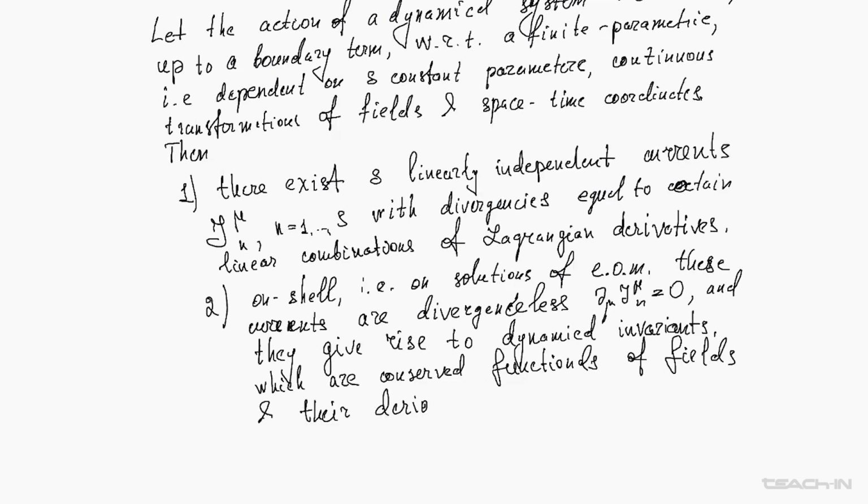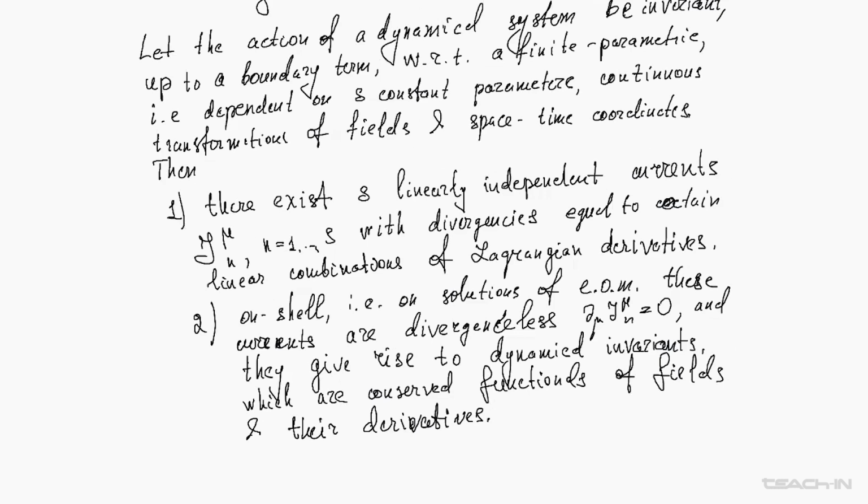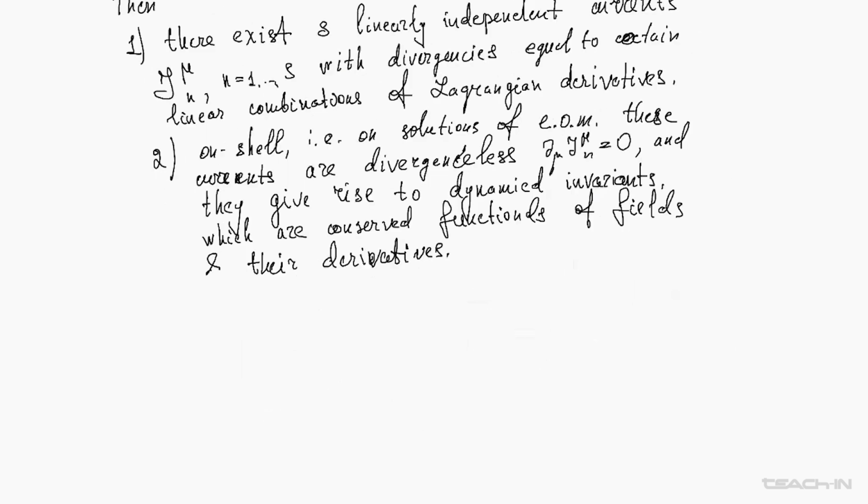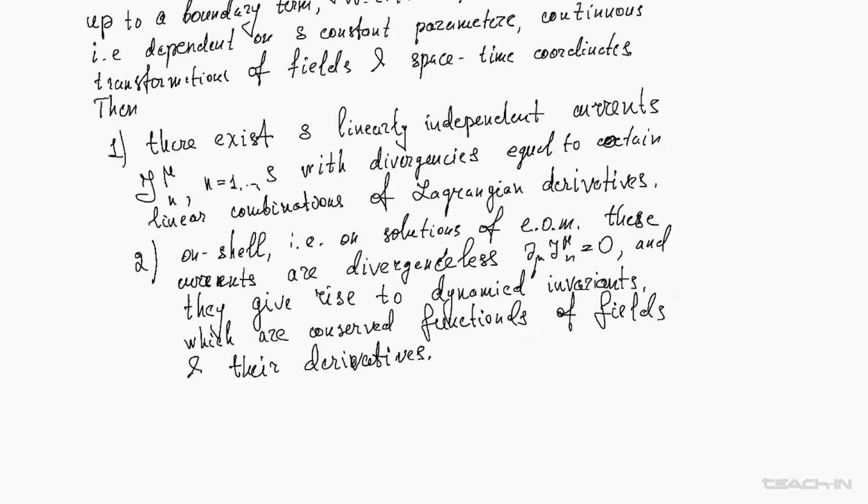This is how the Noether theorem is formulated. So if you have an action which is invariant up to a boundary term with respect to continuous S-parametric transformations of fields and coordinates, then there exist S linearly independent currents J^μ with divergences proportional to Lagrangian derivatives.